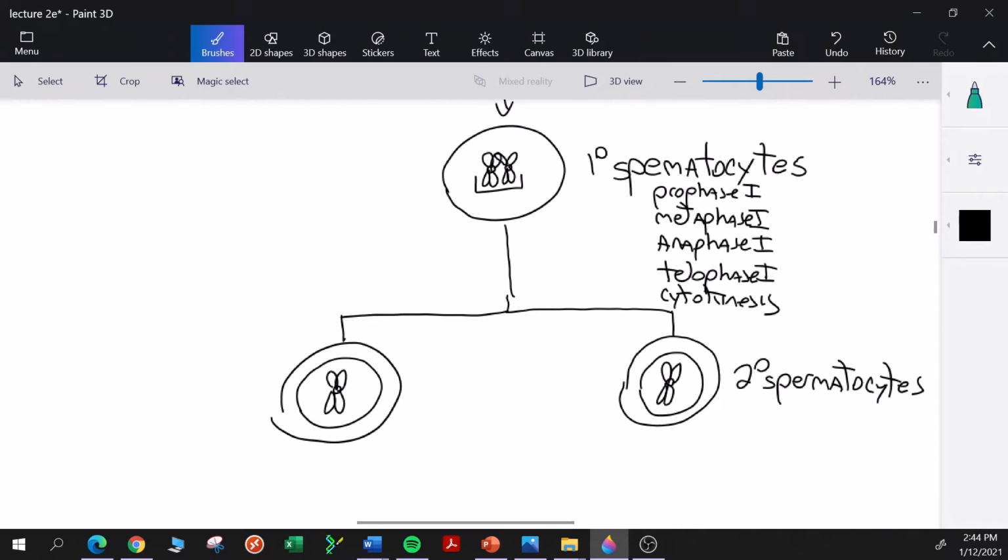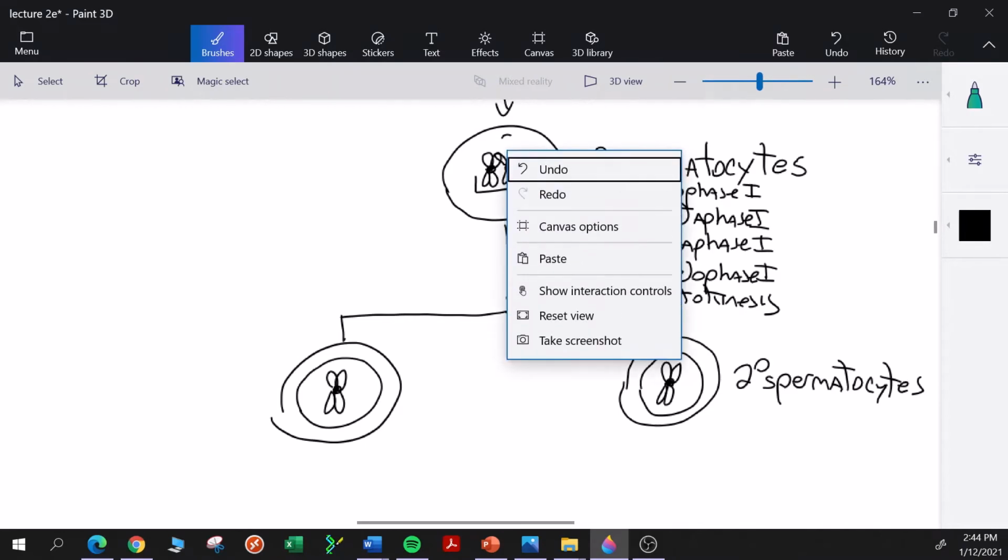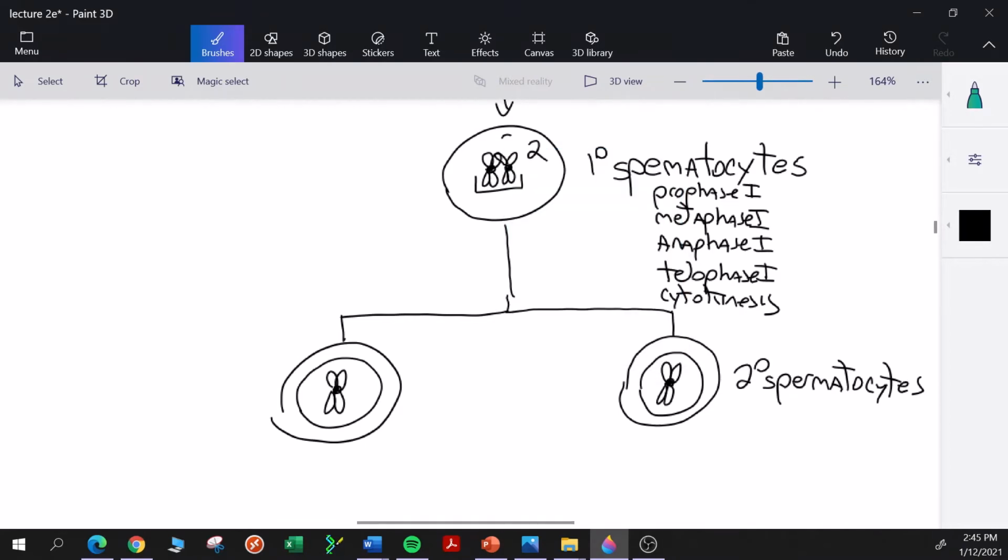And we can ask ourselves how many chromosomes are in the primary spermatocyte relative to a secondary spermatocyte. So we can count the centromeres, right? That's how geneticists determine the number of chromosomes in a cell. We can see there are 2 up here, 2 up here, and only 1 down here, and 1 down here. And that makes sense, because remember, Meiosis 1 is the reductional division stage. It reduces the number of chromosomes and sets by 1/2.